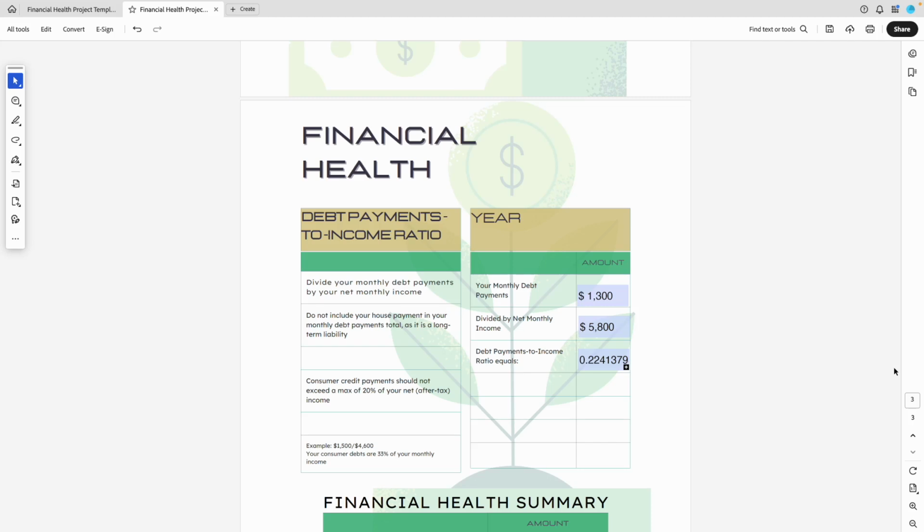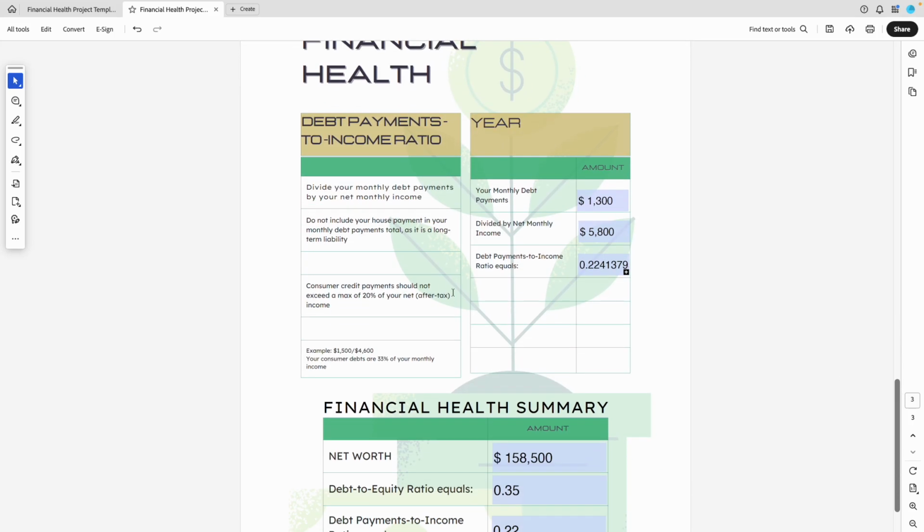And this tells us right in here that our consumer credit, we do not want to exceed a maximum of 20% of our after-tax income. And we're almost at 23%. Again, it's an assessment to tell us what we need to do to improve here.